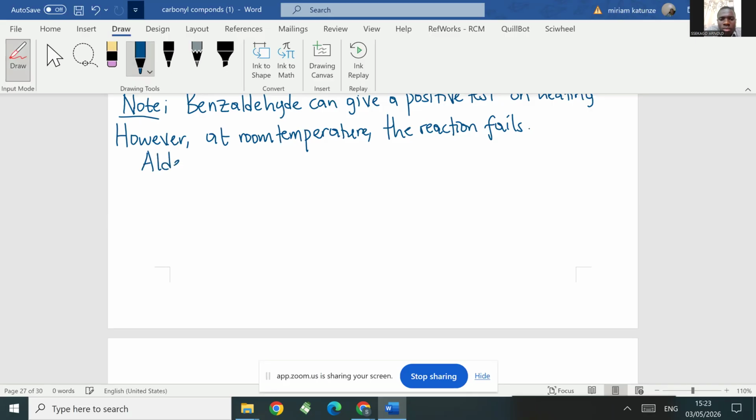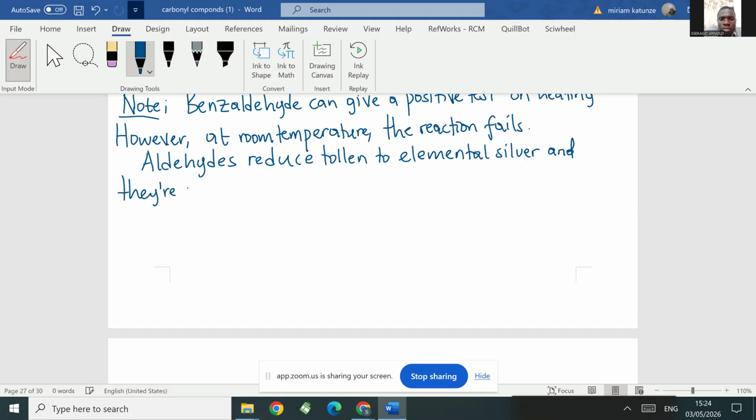Aldehydes reduce the Tollens reagent to elemental silver, and they are oxidized. They are oxidized to carboxylic acids.